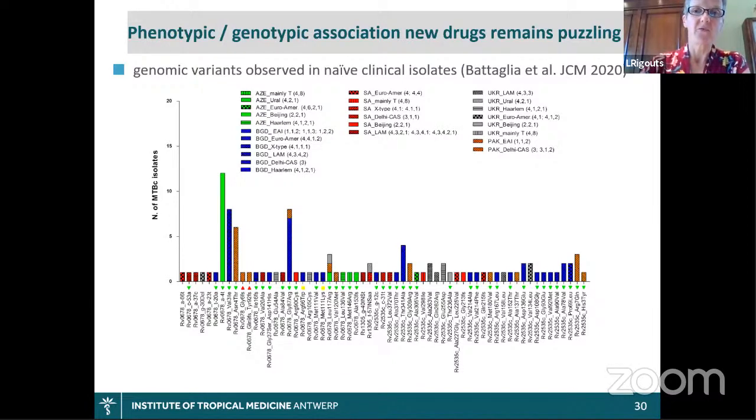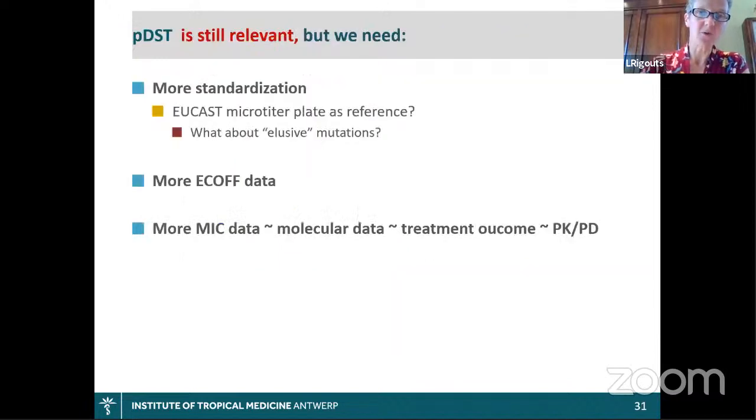So that's why phenotypic testing, especially for these new drugs, is still needed. So phenotypic DST is still relevant, but we still need more standardization. So the EUCAST microtiter plate should be used as a reference, but we also have to think about these potentially missed resistance for elusive mutations. But we definitely need more ECOFF data.